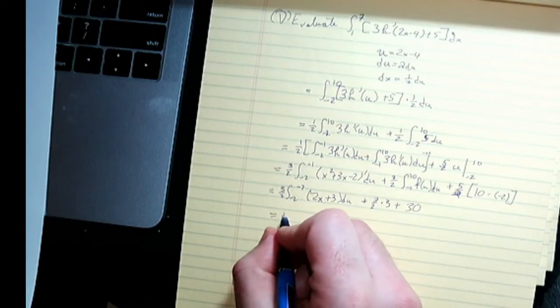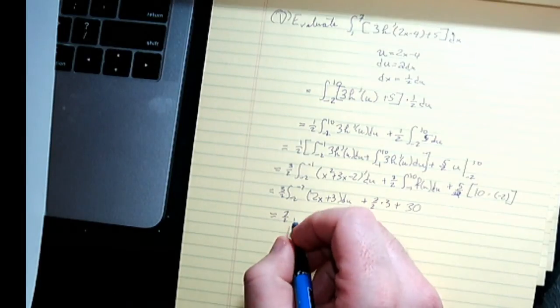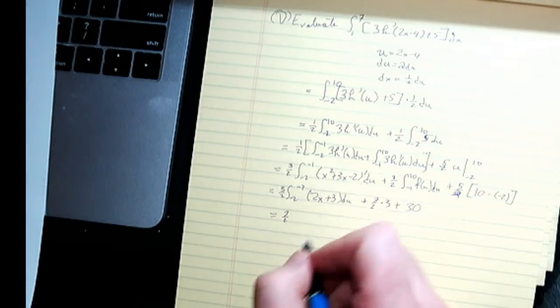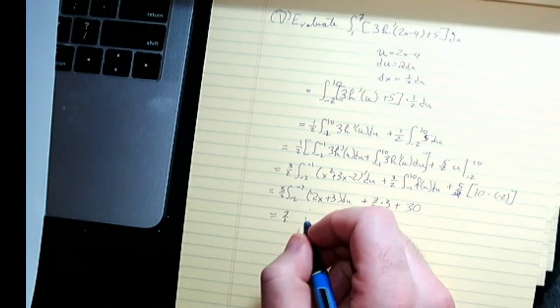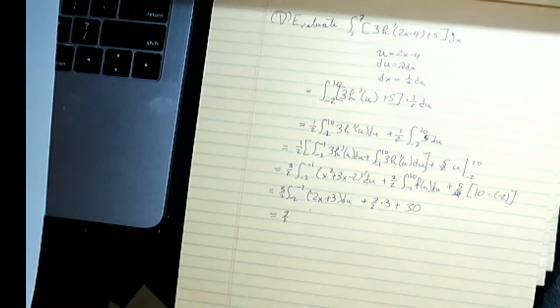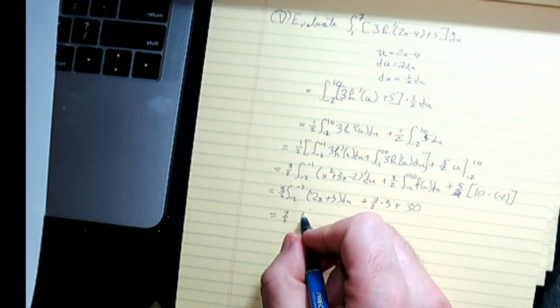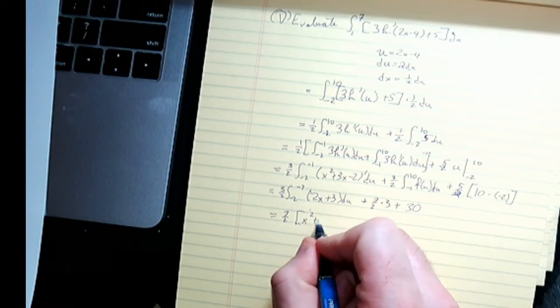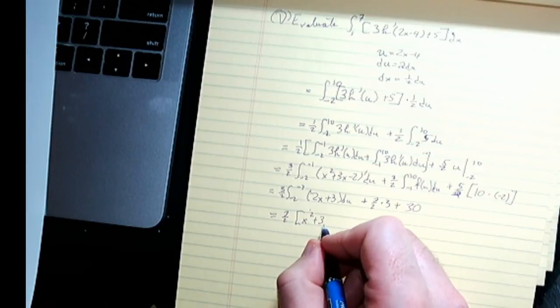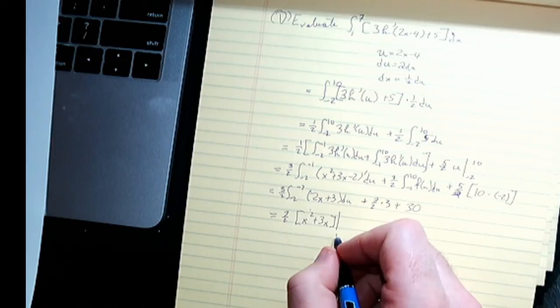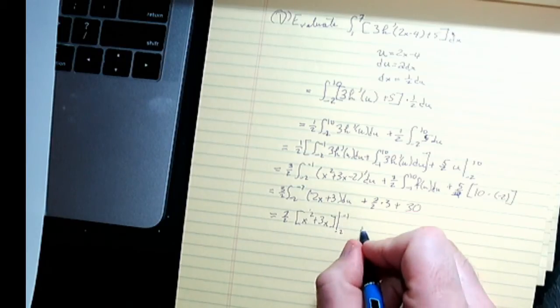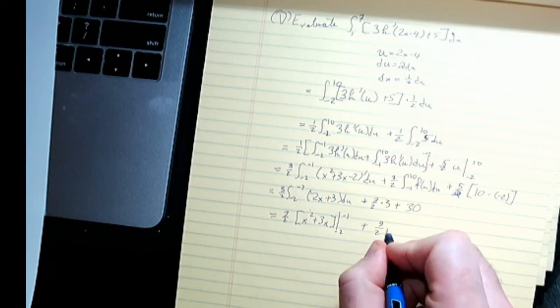So this is 3/2 times, well, just our original function back. Although we can throw away the 2 if we want, because the constant part doesn't really matter. It'll difference itself off anyway. Evaluated from minus 2 to minus 1, plus 9/2 plus 30.